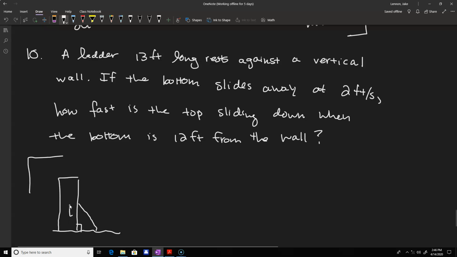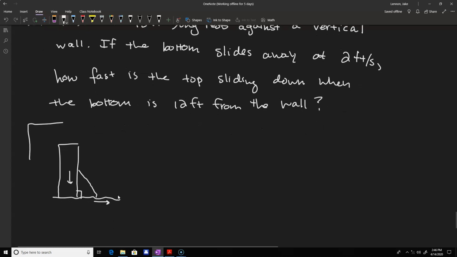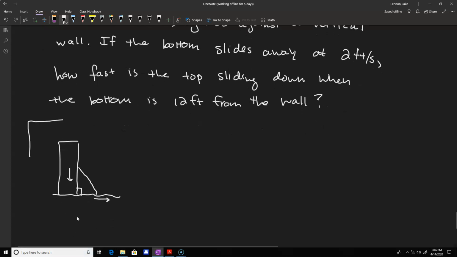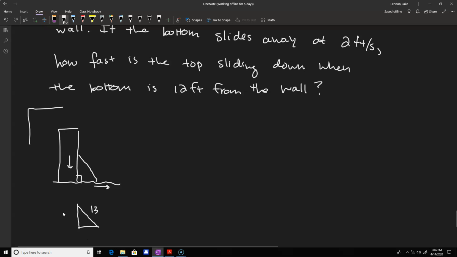The top is sliding down, so the bottom is sliding away. We're just going to label using the typical variables. The hypotenuse never changes because that's the length of the ladder, which is 13 feet. So we can call this direction y and this direction x.